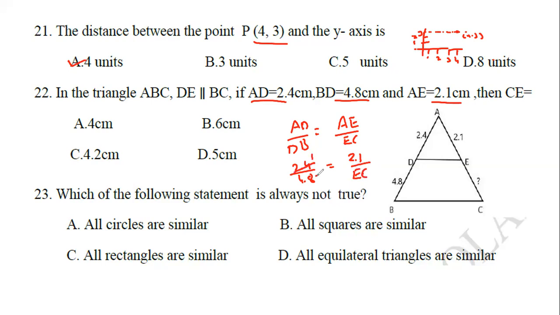Cross multiply: EC is equal to 2.1 into 2, which is 2 ones are 2, 2 2s are 4. 4.2 centimeter is the correct answer. So 4.2, which option is right? Option C is correct. Next, which of the following statement is always not true?